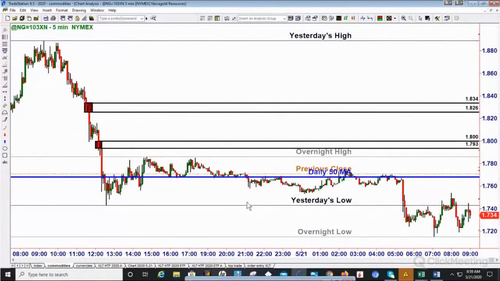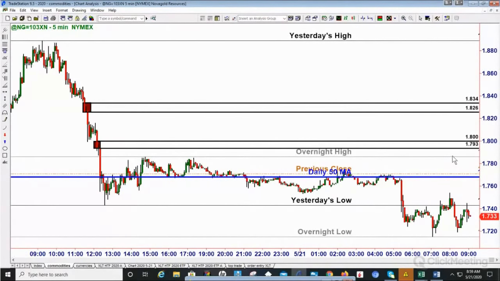So you can see right here that we have the areas up above current price on the 5-minute. First one is coming in at 1793 to 1800, and then the second one is coming in at 1826 to 1834.